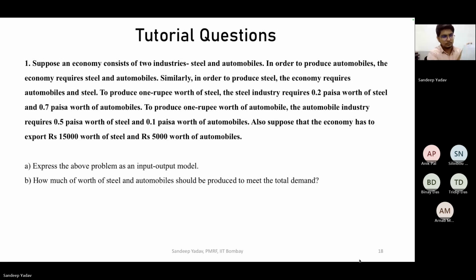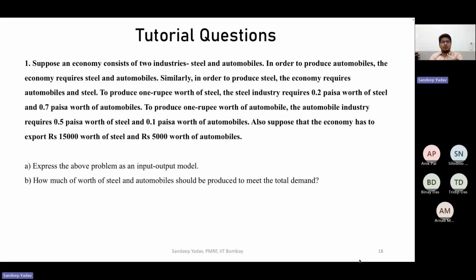Okay, let's solve this one. Suppose an economy consists of two industries. One is steel, second is automobiles. In order to produce automobiles, the economy requires steel and automobiles. Similarly, in order to produce steel, the economy requires automobiles and steel. To produce 1 rupee worth of steel, the steel industry requires 2 paisas worth of steel and 7 paisas worth of automobiles.